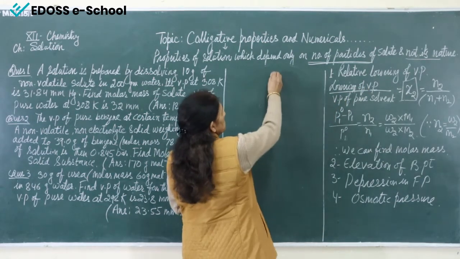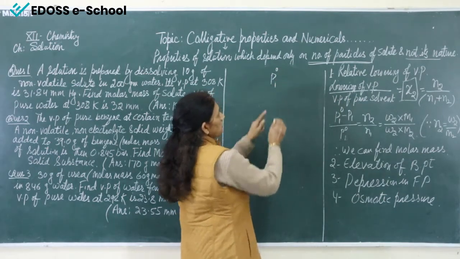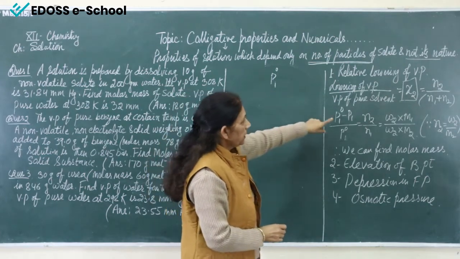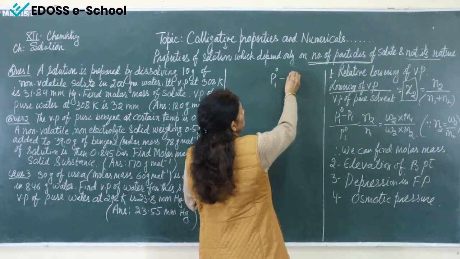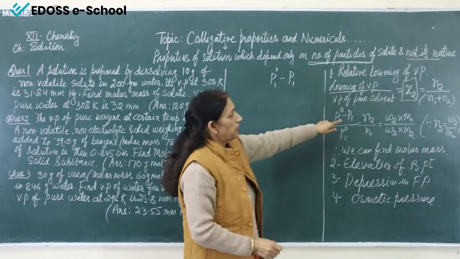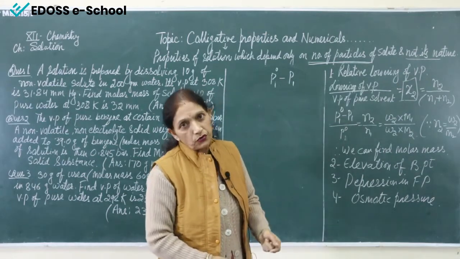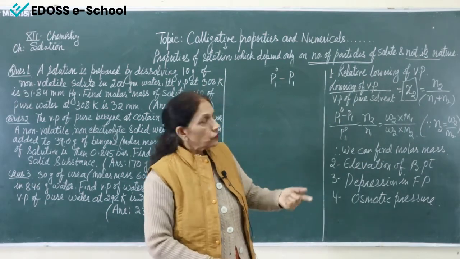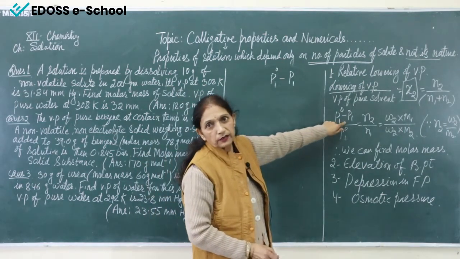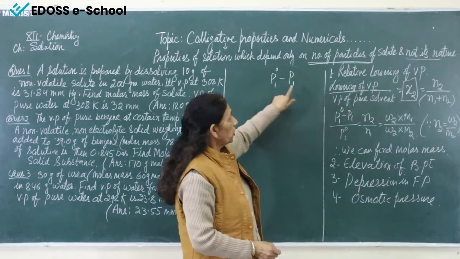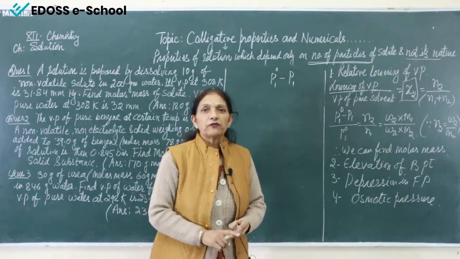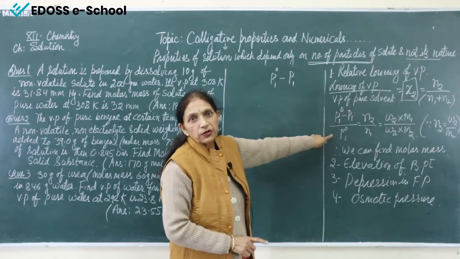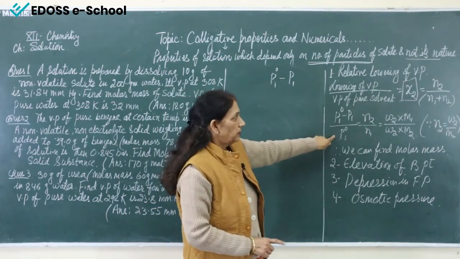P1 naught is the vapor pressure of pure solvent, and P1 is the vapor pressure of the solution, when we have added solute to it.